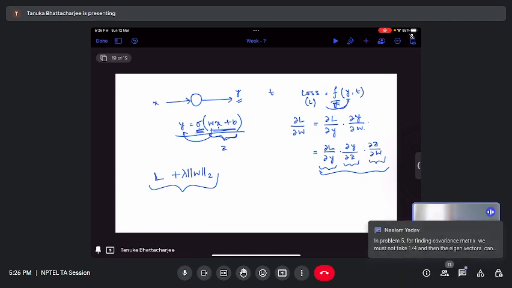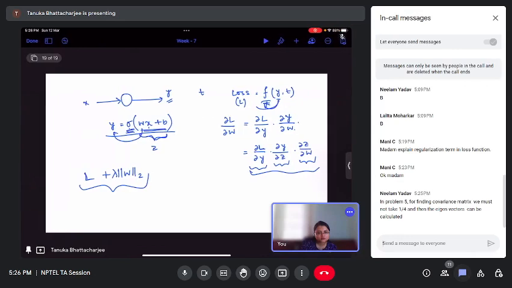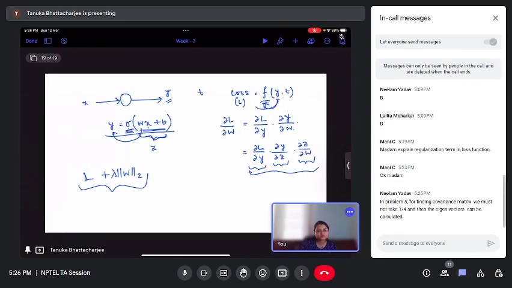In problem 5, for finding the covariance matrix we must not take the 1 by 4 and then the eigenvectors can be calculated, is it? Okay, Neelam is saying in problem 5 for finding the covariance matrix we should not take the 1 by 4 and then take the eigenvectors.